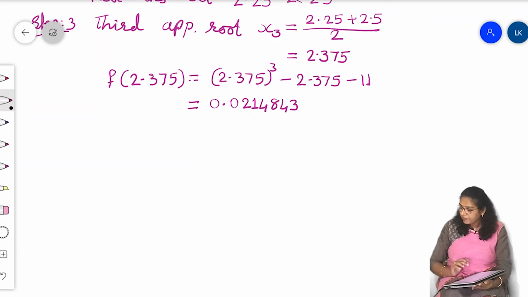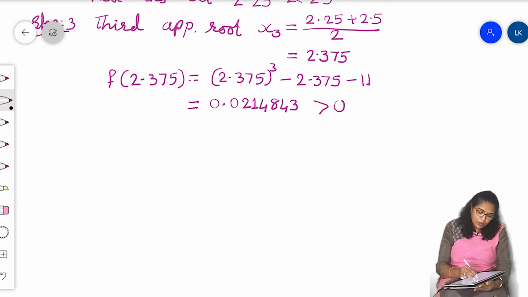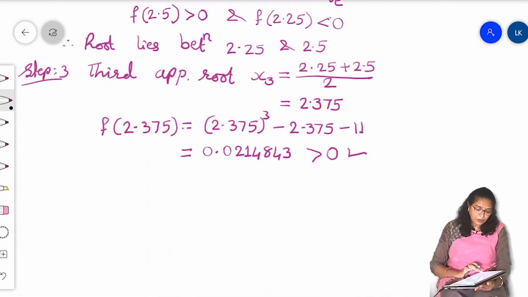Okay. Our aim is whether it is positive or negative. It is positive. So previously, what is the negative value? Because we need opposite sign. In each step, we have to select small a and small b such that fa into fb is less than 0. So here, f of 2.375 is positive. So where is previously the negative number?